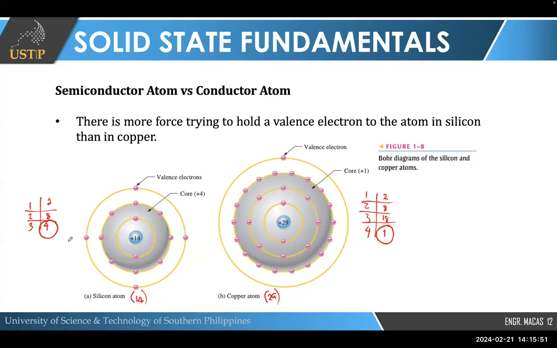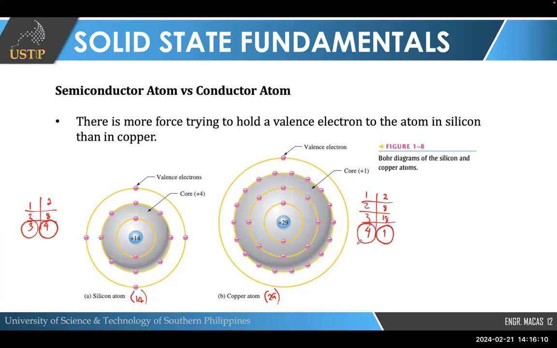Second is which shell your valence electron is on. Your valence electrons for the silicon atom are on the third shell, while your valence electron on the copper atom is on the fourth shell.